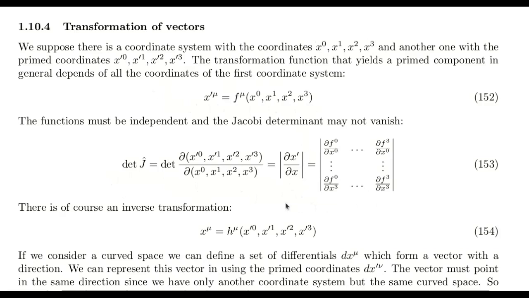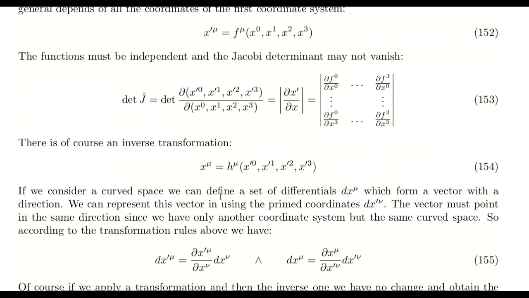Then we have in the first row the functions f differentiated with respect to x0, in the second row with respect to x1, and so on. And there exists an inverse transformation. We call the functions here h.